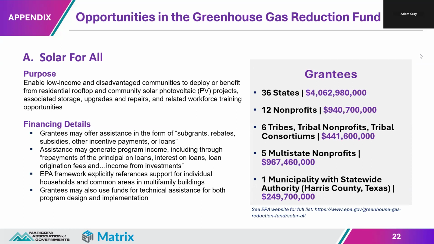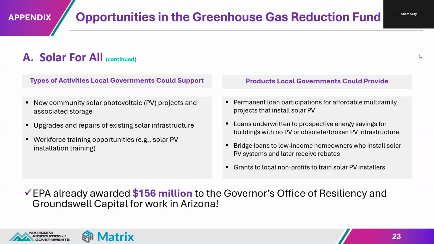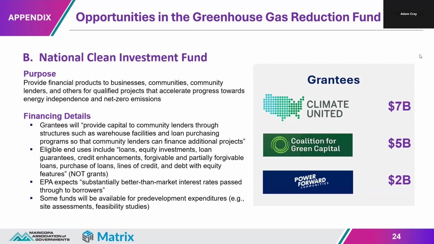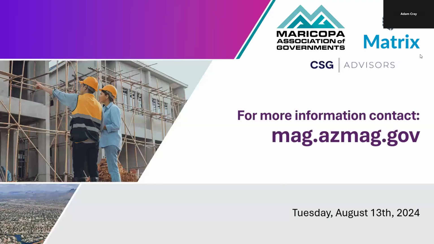Here I've got the appendix for you. You can run through this later on. It gives you the types of activities and products that you could create under Solar for All, NCIF, and the Clean Communities Investment Accelerator. And that's all I have in terms of a presentation. I think we have a good amount of time for some question and answer.